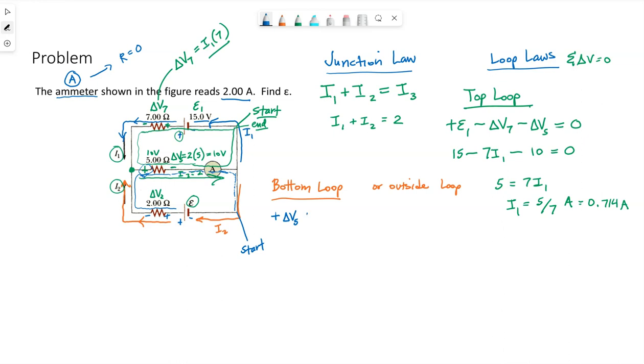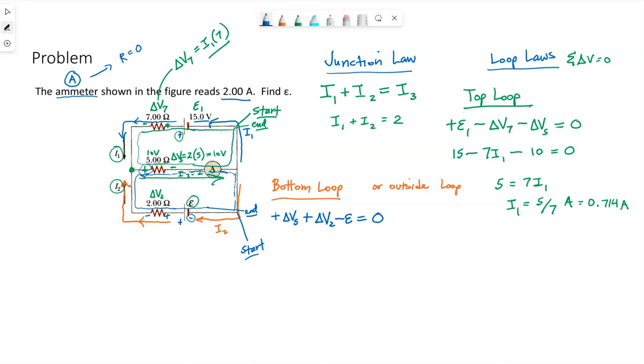So if my path takes me opposite the current, I need to add the potential difference across that resistor. I keep going. The next thing I pass by is this battery voltage. The last plate I see, because I went high to low, so I'm going to subtract that battery voltage. That gets me back to where I started. So I'm now ending in the same location. So I make this a full equation by setting it equal to 0.